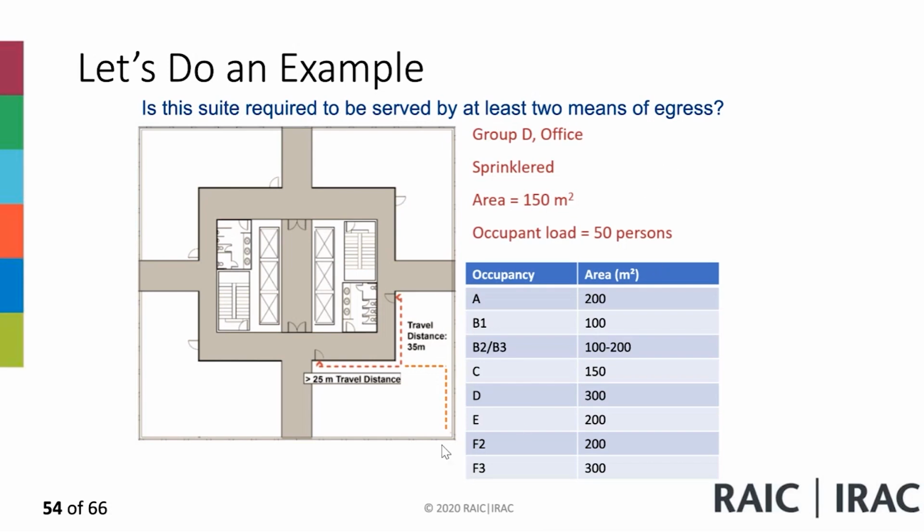And travel distance is less than 25 from here. But from this one, travel distance is 35 meters to here. Travel distance is greater than 25 here. Therefore, 2 egress doors are required. If this travel distance was less, then one egress door would be permitted.